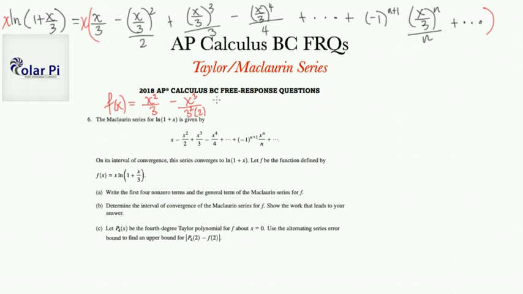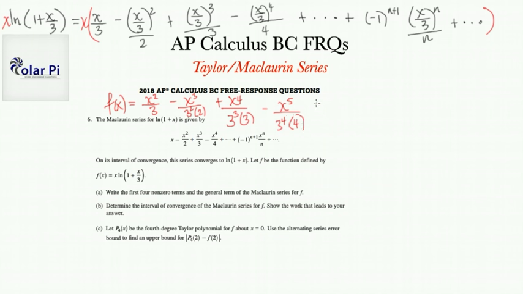Take it. And then it's plus x to the fourth over 3 cubed, and then times 3, right? Okay. And then minus, and again, it's x to the fourth and not x cubed, because we've got that x right there. And then it's going to be minus x to the fifth over 3 to the fourth times 4.